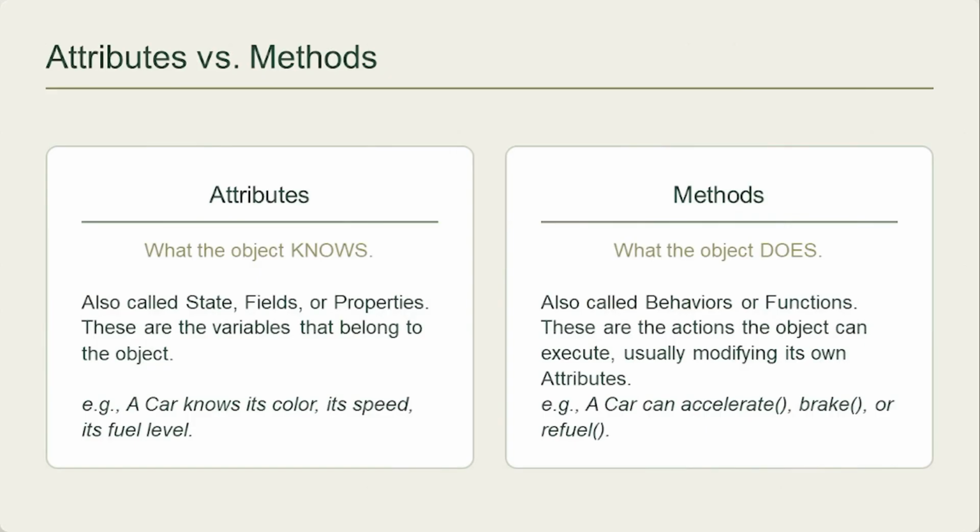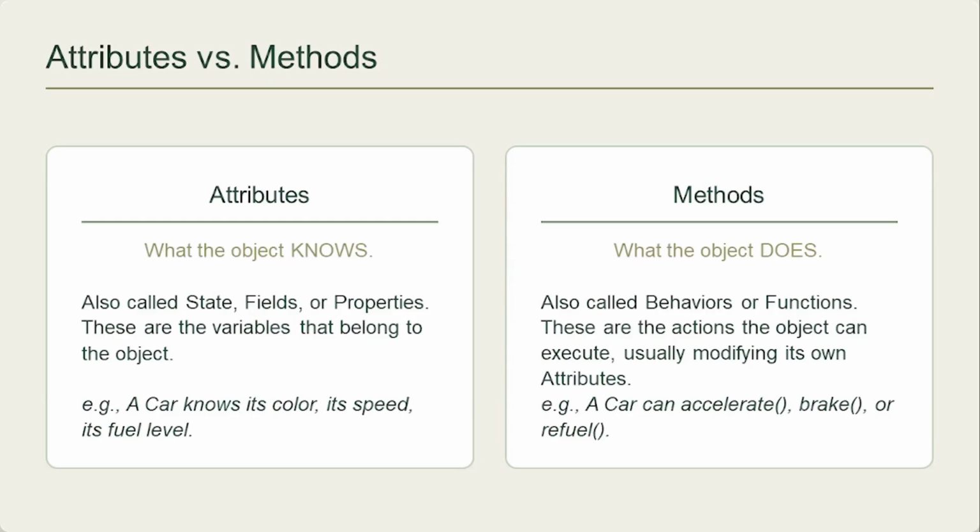So first thing is, each and every program has two things mainly, attributes and methods. Each and every script or programming concept has data and methods. So in object-oriented programming, data is the attribute. Attributes tell what the object knows, like its state, its fields, its properties, etc. For example, let's take a car.